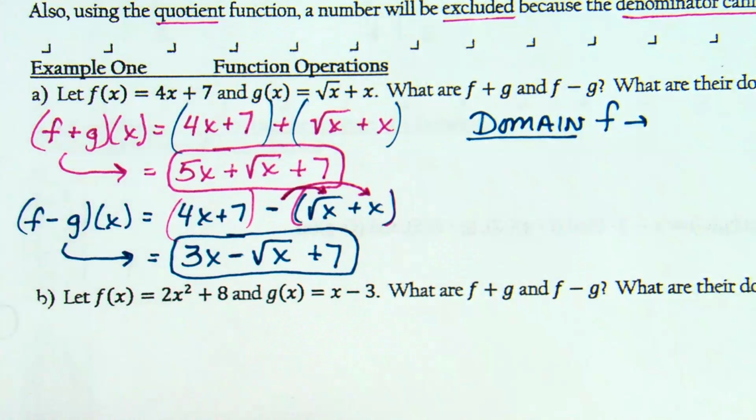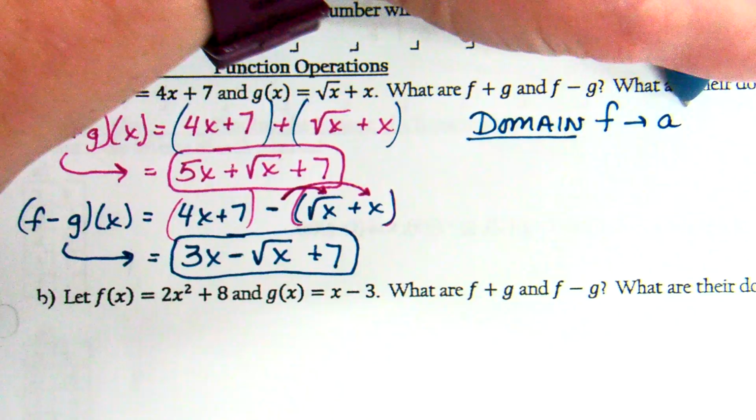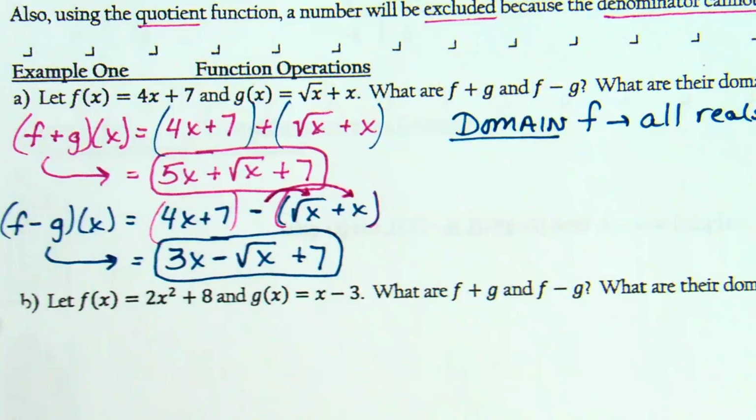Positives, negatives, fractions, decimals, 0, do they all work? They do, because you can take any number you want and multiply it by 4 and add 7, yes? No restrictions there. So for my domain for f, I'm going to note that it is all reals. Okay?